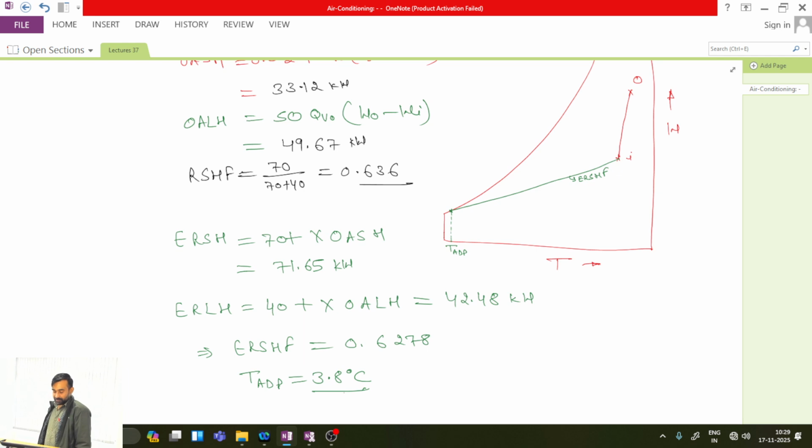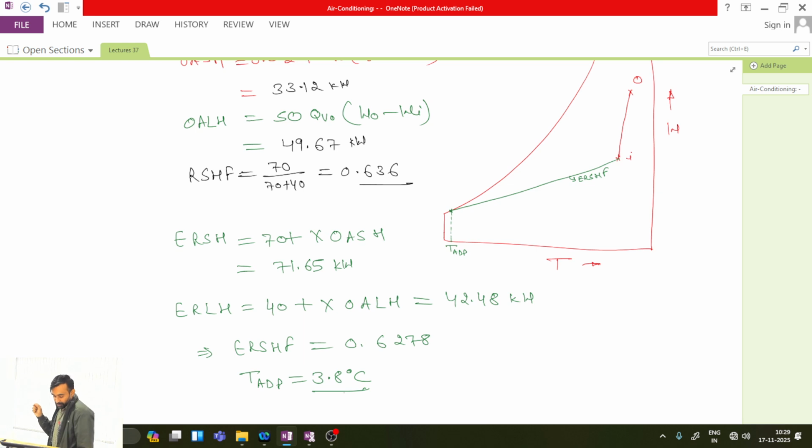Two important points we need to note down. First important point is what bypass factor I have taken at present. 0.05, which is extremely difficult to achieve. In rare circumstance only you will be able to achieve this bypass factor if you are taking extremely low flow rate. Okay.